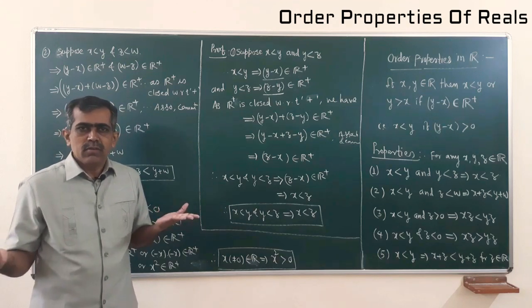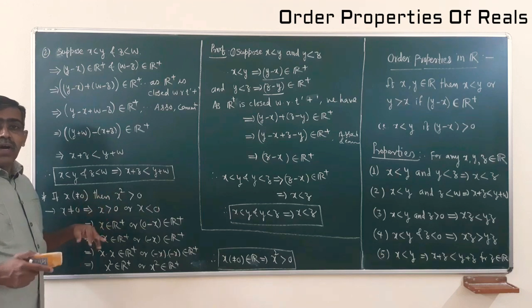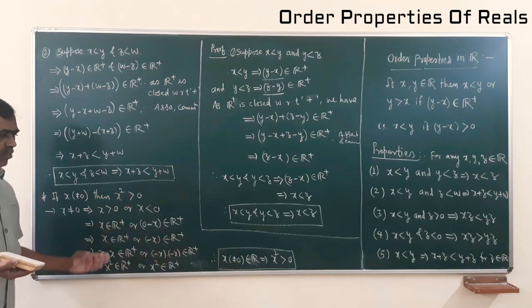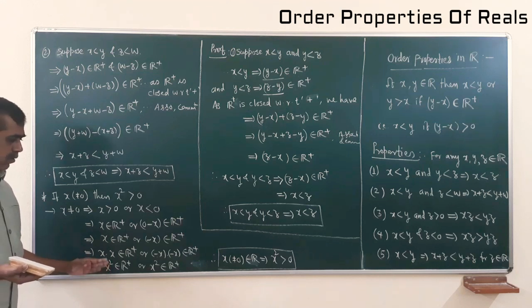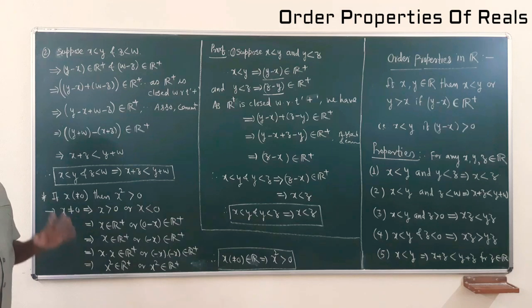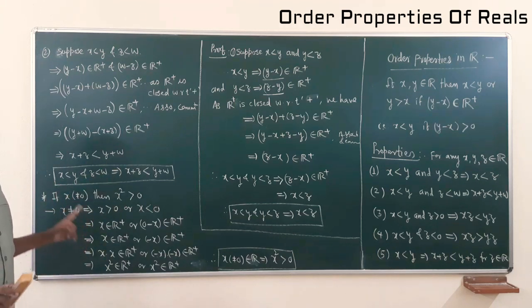If it is non-zero, then why is its square always greater than 0? Because of this. This is the justification for that. So, this is how we get the property that the square of any non-zero real number is always positive.